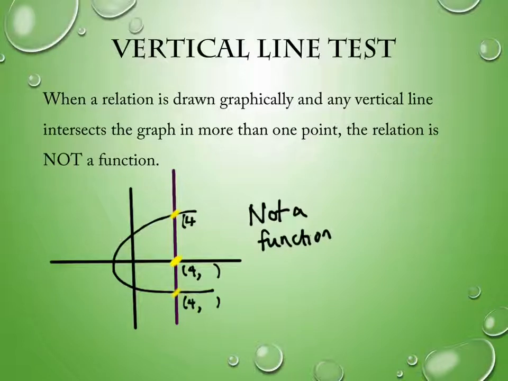Now, the parts that are on my curve, the top and the bottom of this sort of sideways parabola-looking shape, both of those have different output values, right? They're not the same. So I have the same input, x, the same domain value, but there are different output values.